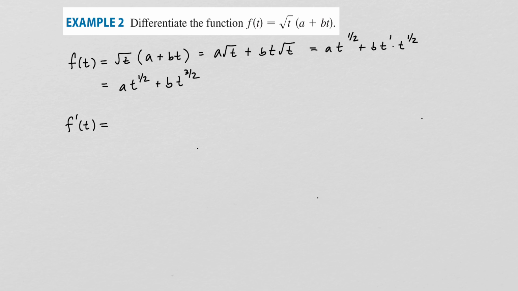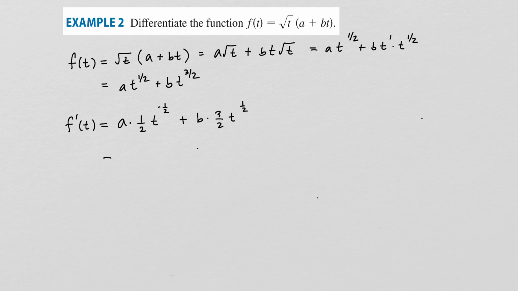And now when I go to take the derivative, I don't have to use the product rule anymore, because remember, a and b are constants. So when I take the derivative of a times t to the 1/2, I can just apply the power rule here because a is a constant. So the derivative is a times 1/2 t to the negative 1/2 power plus, and then the derivative here works the same way. 3/2 comes down, and I have b times 3/2 t to the 1/2 power.